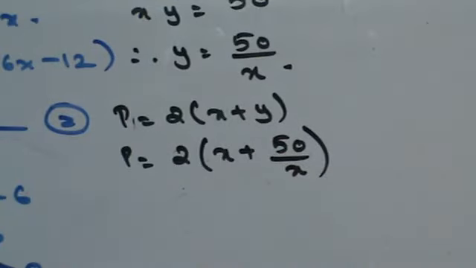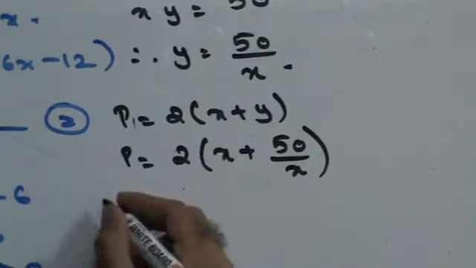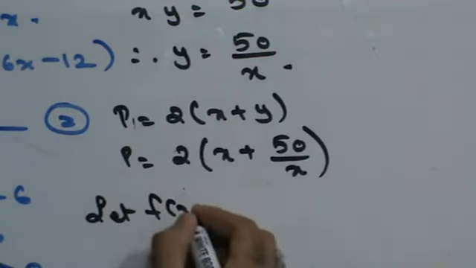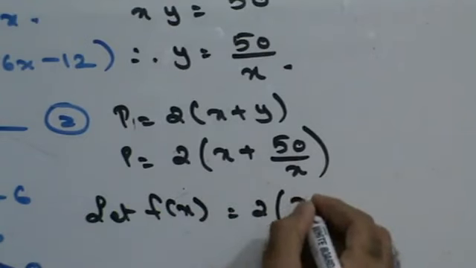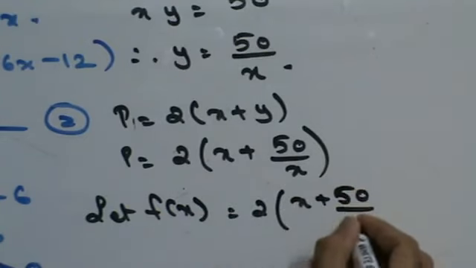We have already found out the value of y to be 50 upon x, right? Now, they have asked you to make the perimeter minimum. Whatever you want to make minimum or maximum, assume that to be f of x. So you will say let f of x be equal to 2 times x plus 50 upon x.